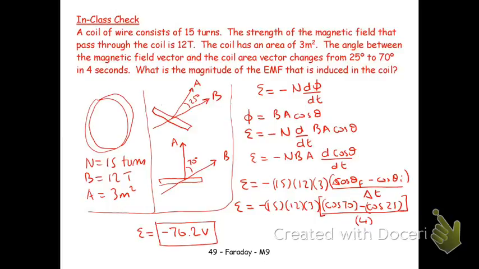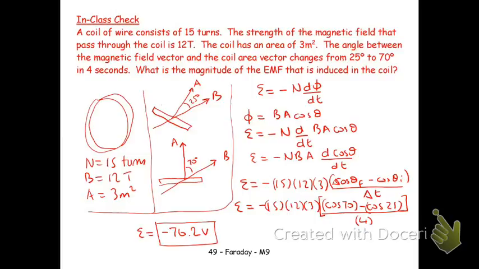So cosine 70 is 0.3, and they're going to subtract from that cosine 25, enter, yeah, minus 0.05, and then multiplied by the rest.